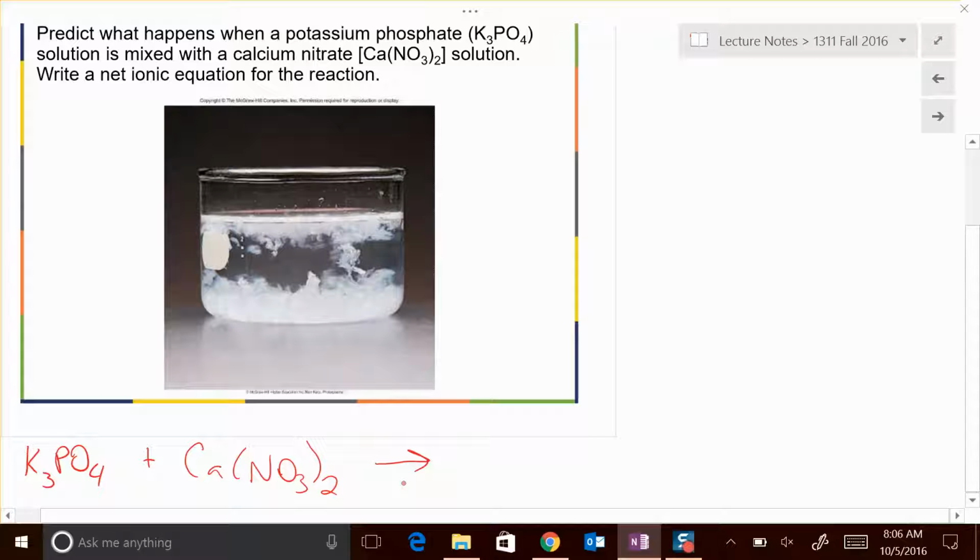Now when you predict the products of this reaction, you're going to have to consider the charges, because you have to write the correct formulas for the products. So take a moment and try to figure out what is this going to become.